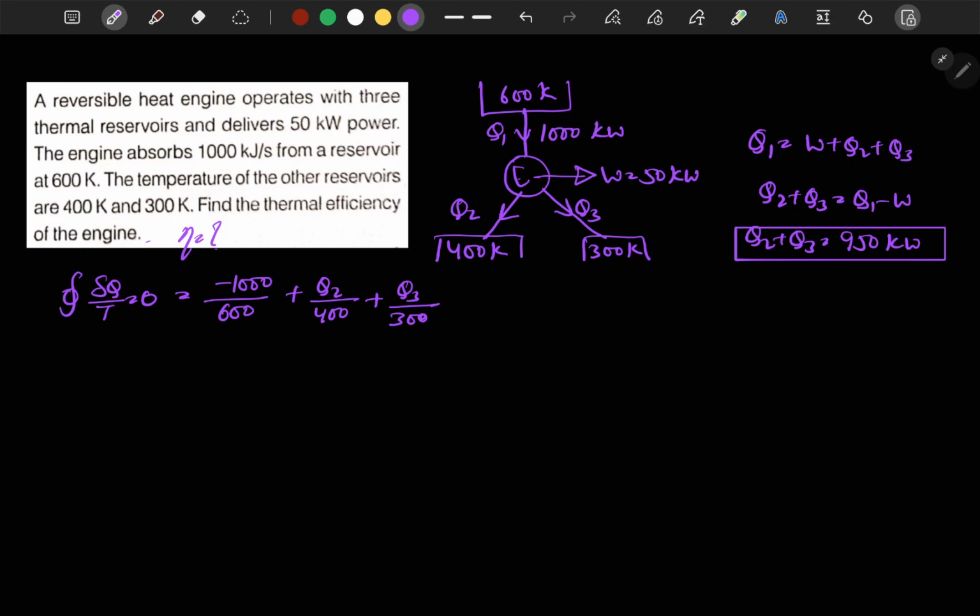So from here we get Q2 by 400 plus, now Q3 we can write as 950 minus Q2, 950 minus Q2 by 300 is equal to 10 by 6, that will be 5 by 3.